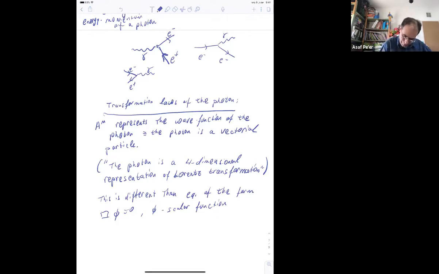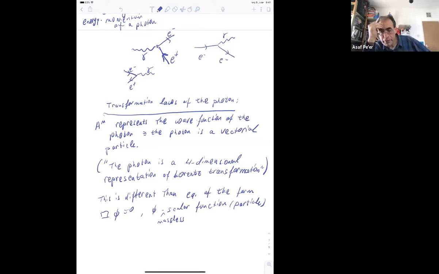It's massless here, there's no mass term. It's a scalar function or scalar particle, which means that the wave function phi is invariant under Lorentz transformation.